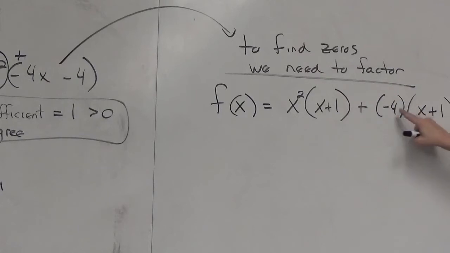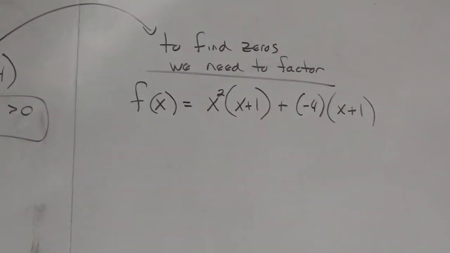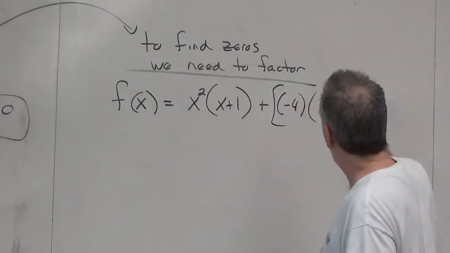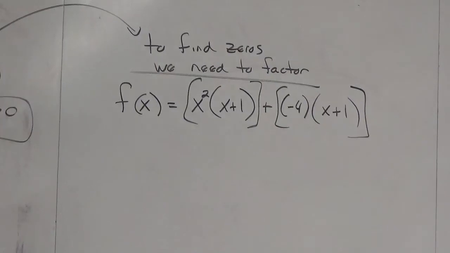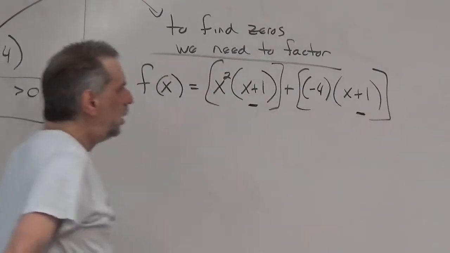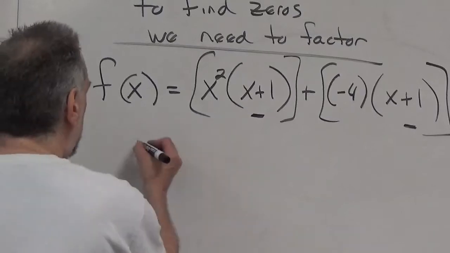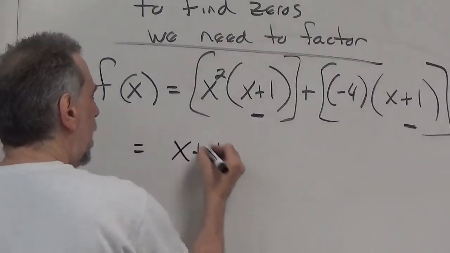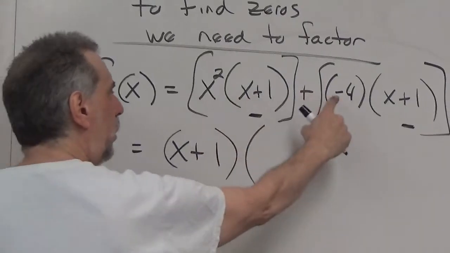Right? Negative 4x minus 4. We want to write it like this just because we now want to look at it as the sum of 2 products. Right? So now we do have that common factor of x plus 1 out of those 2 products in the square bracket, so we can factor that out. We factor that common factor of x plus 1 out, and now we're left with x squared minus 4.